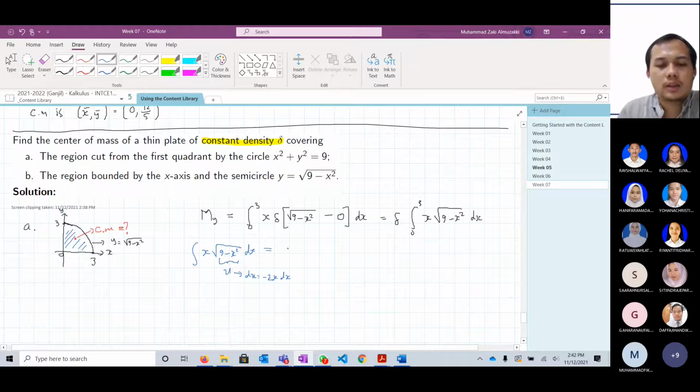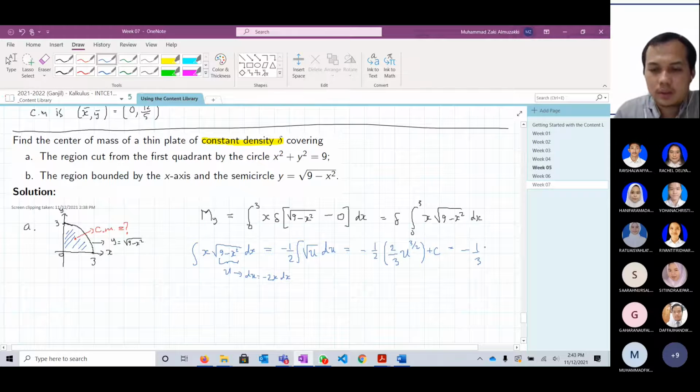So this integral now becomes minus half of integral square root of u du, which is minus half times 2 over 3 u power 3 over 2 plus c, which is minus 1/3 times 9 minus x squared power 3 over 2 plus c.